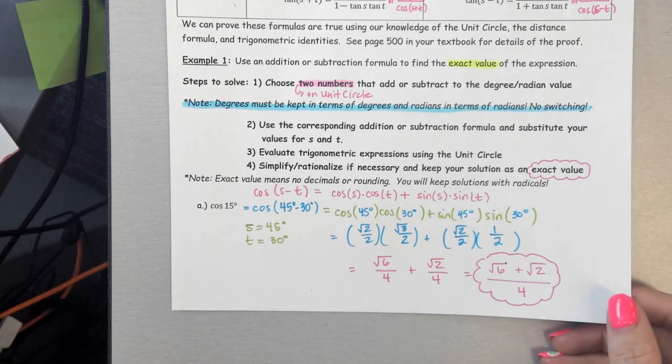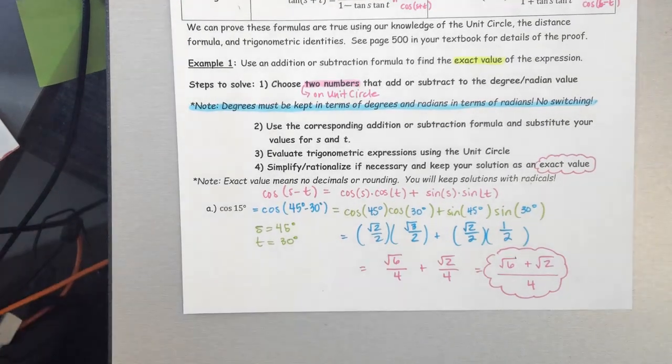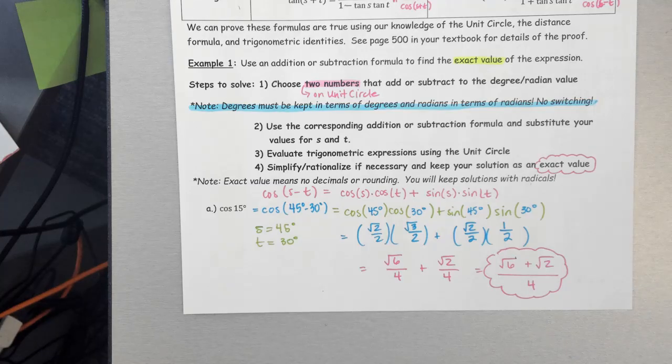Okay, so if you look at your first radian, you have 7 pi over 12. So you want to find two values that add up to 7 pi over 12.